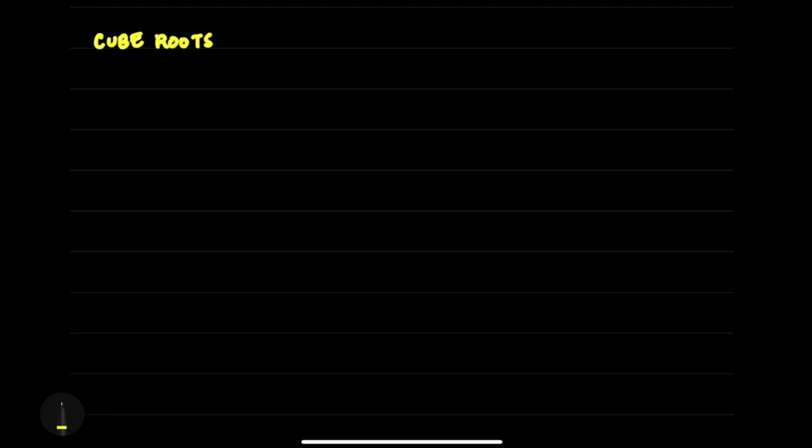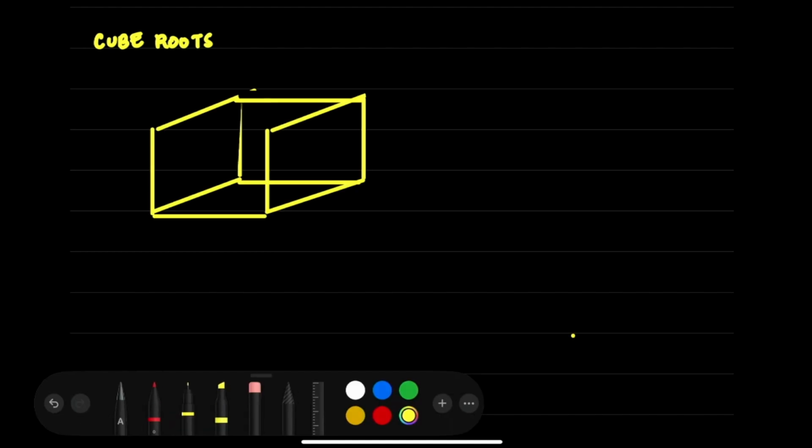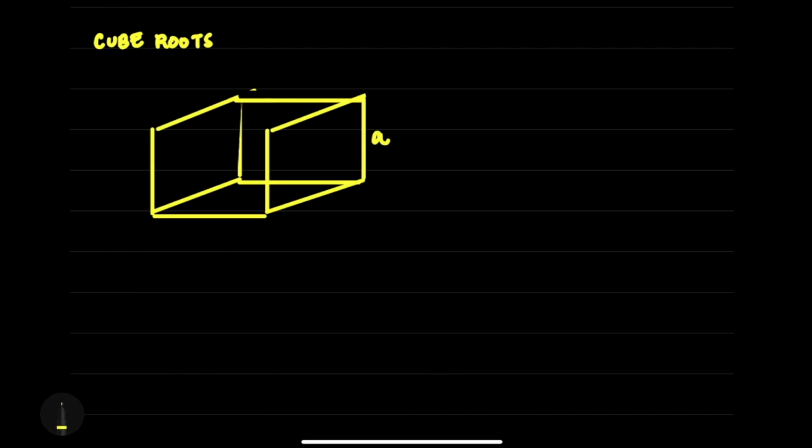So let's move on to a more interesting topic, cube roots. What does a cube root mean? Let us again consider a cube of side length A, which has A in every dimension as length, breadth and height. The volume of the cube is A cube. So what would be the length? The length would be the cube root of the volume, which gives us A back again.